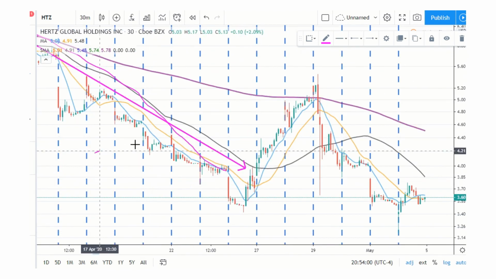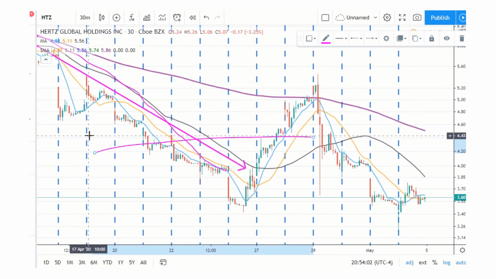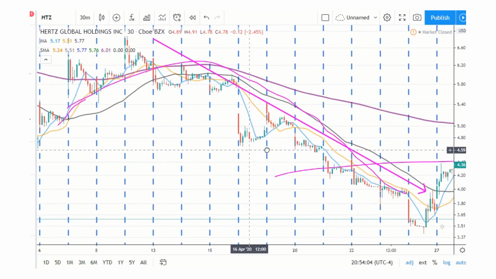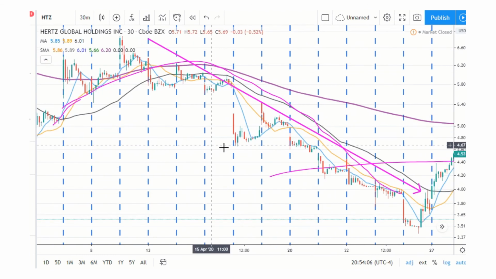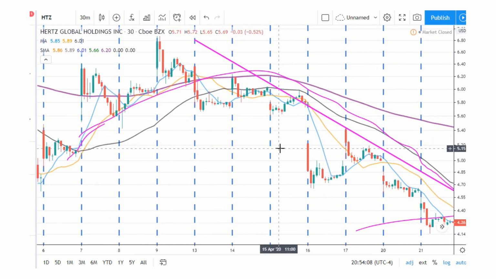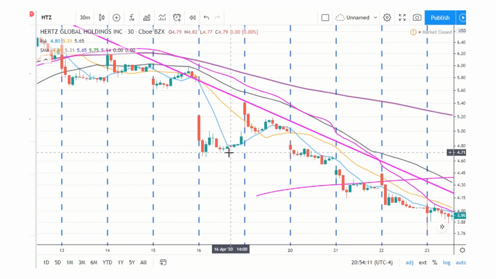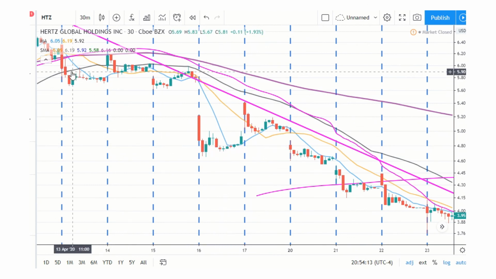Okay, so let's look at April 16 at the 30-minute time frame. So let's close this so we can get a little bit more detail. Let's move the chart. April 16. There we go. And this is when we notice, okay, it's going down.